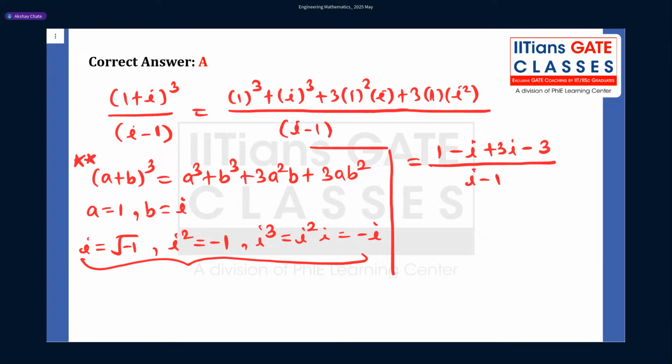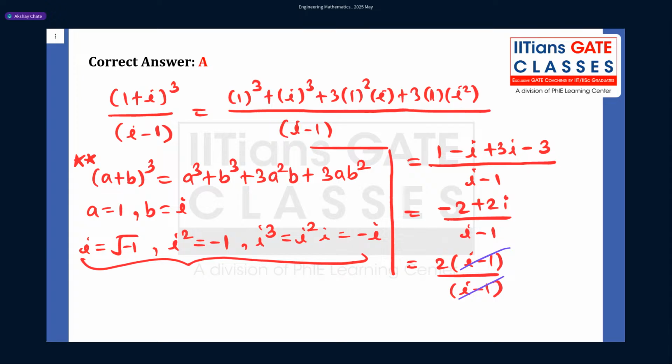The denominator is unchanged. So 1 minus 3 is minus 2, and minus i plus 3i is plus 2i, divided by i minus 1. Now you can take 2 common from the numerator and you end up with i minus 1. The denominator also has i minus 1, so that part gets cancelled.